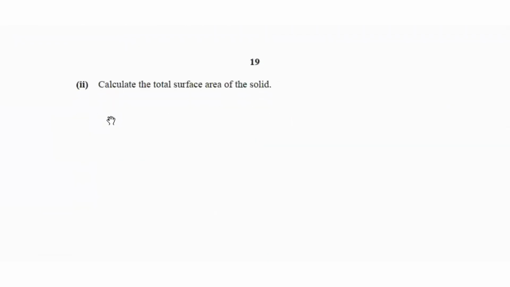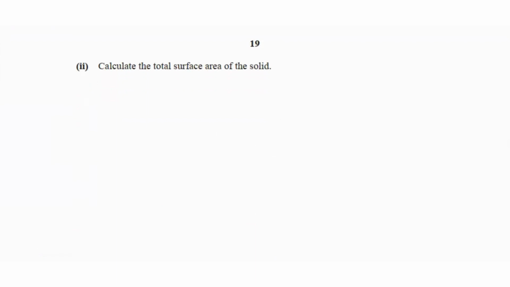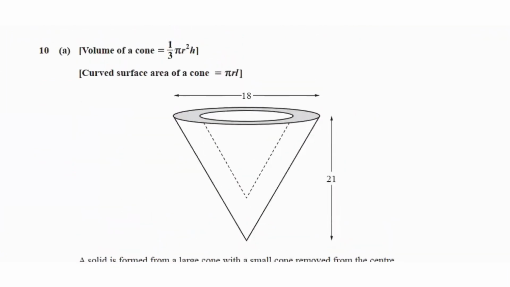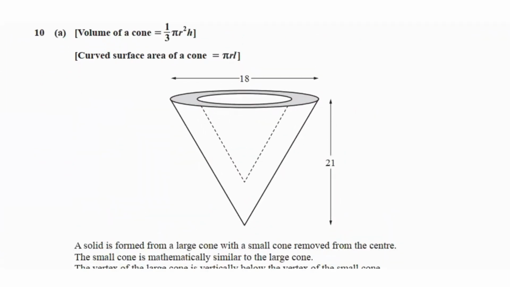Then it says, calculate the total surface area of the solid. So to calculate the total surface area of the solid, what we're going to do is go back to the shape again. I'm going to first write the lengths. We have this, we have this, and then we have this.